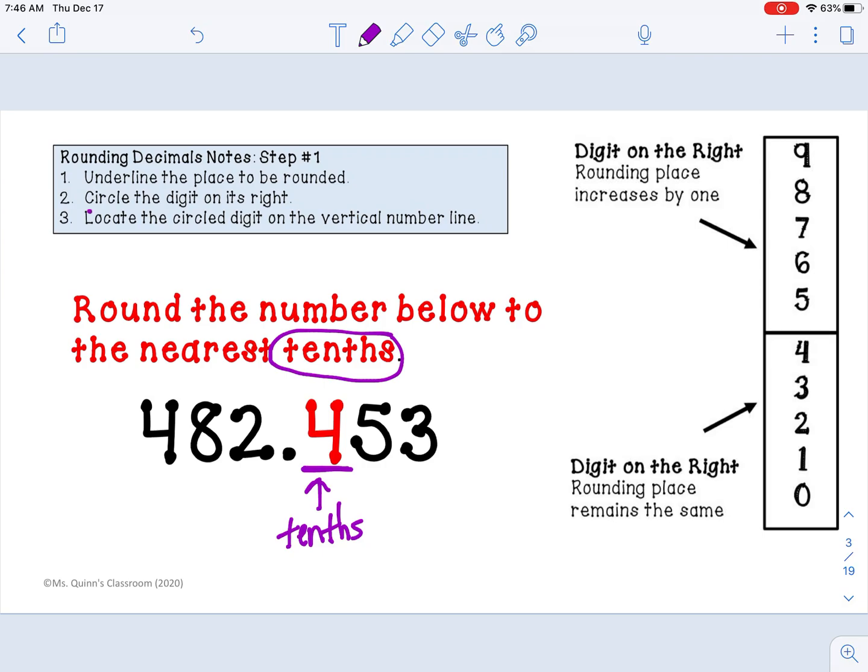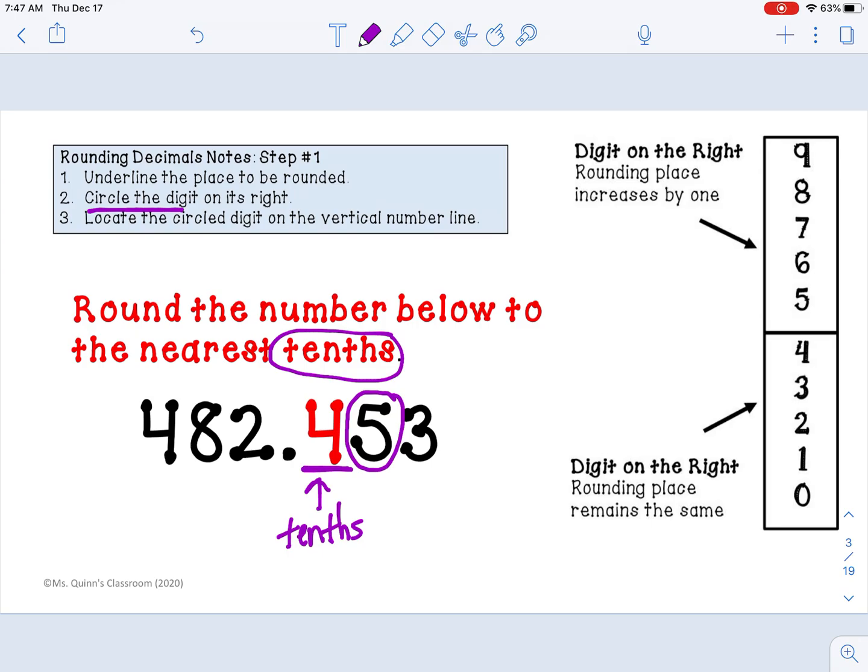We are going to circle the digit on the right, the one that comes after it. So after the 4 comes a 5. And here's where we're going to use our rounding rules. So if that number that comes after it is a 5 or higher, we are going to round the number in the tenths place up.